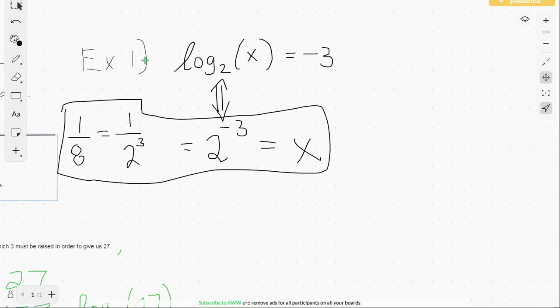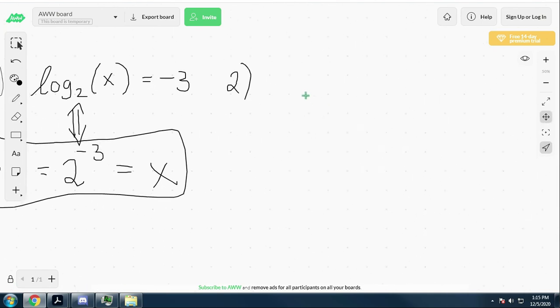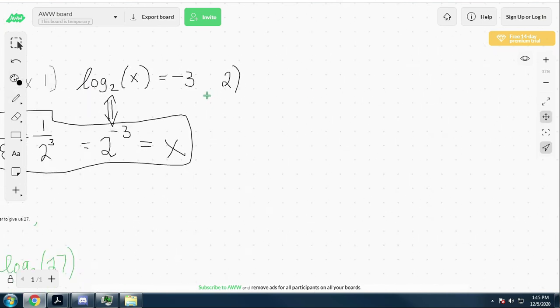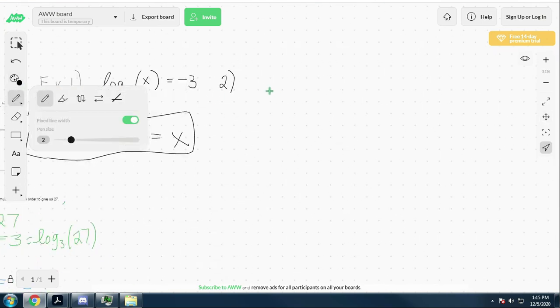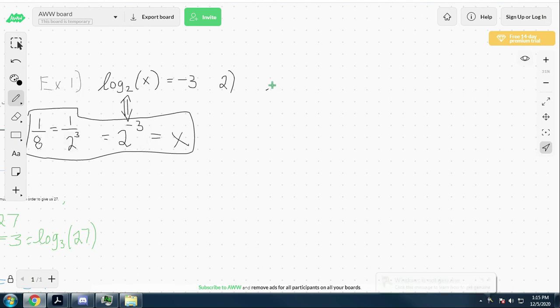Let's look at one more example. So now let's take a look at one that's a little bit different. Let's say that we've now got the log base x, so now our base is the variable.